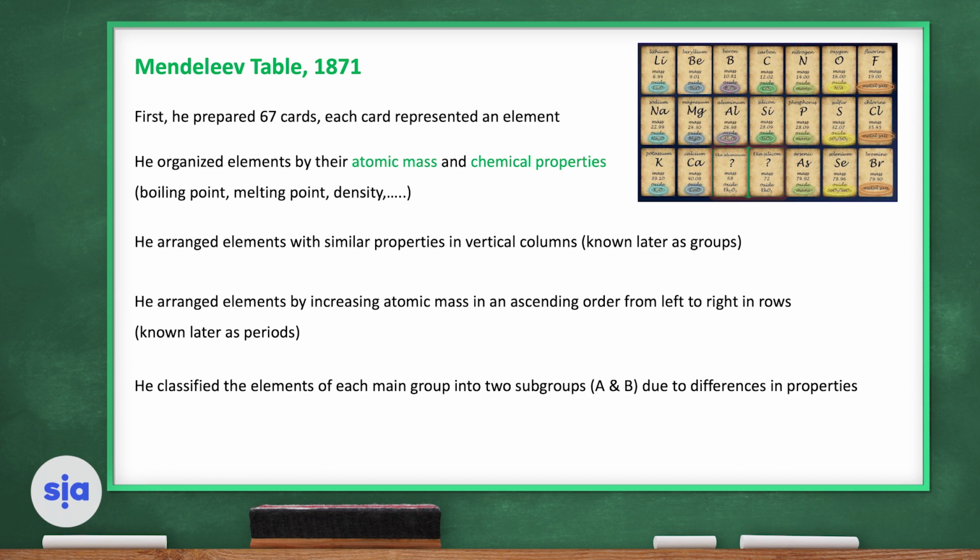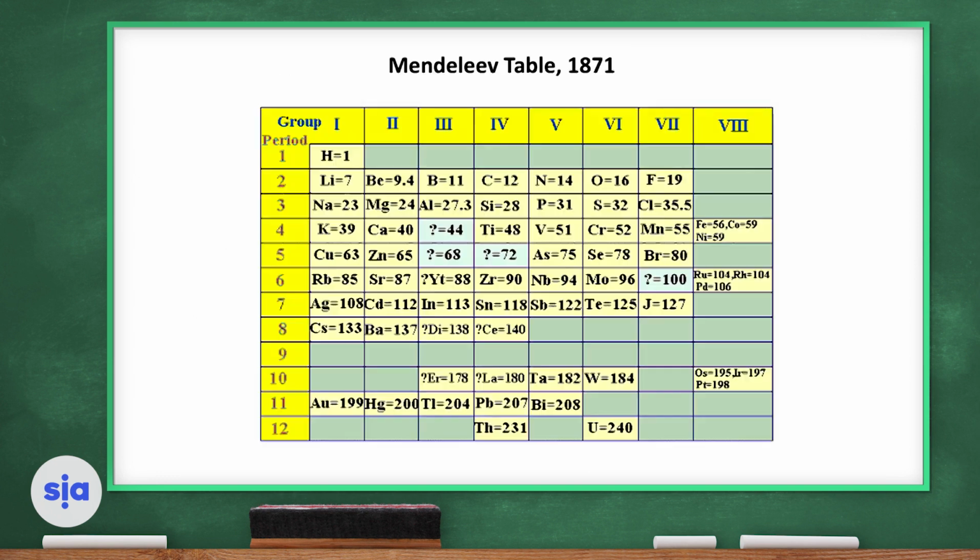He classified the elements of each main group into two subgroups, A and B, due to the differences in properties. Here is Mendeleev's table, which was made in 1871. Groups and periods.